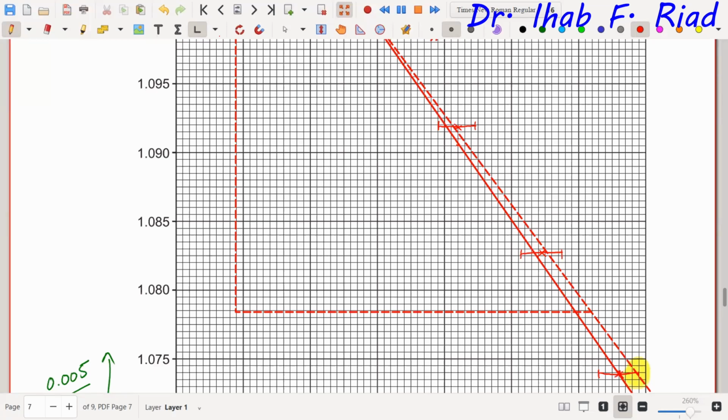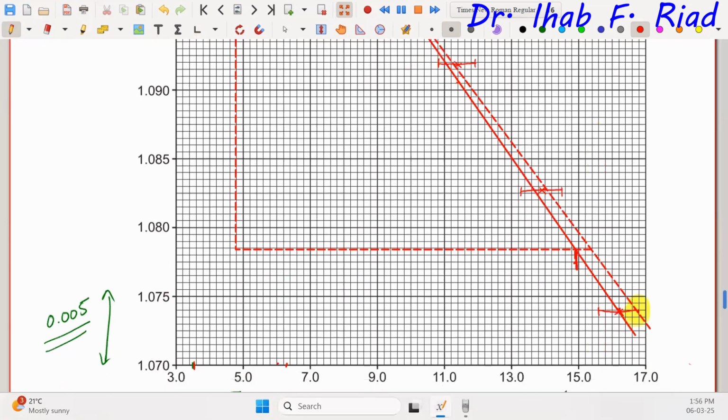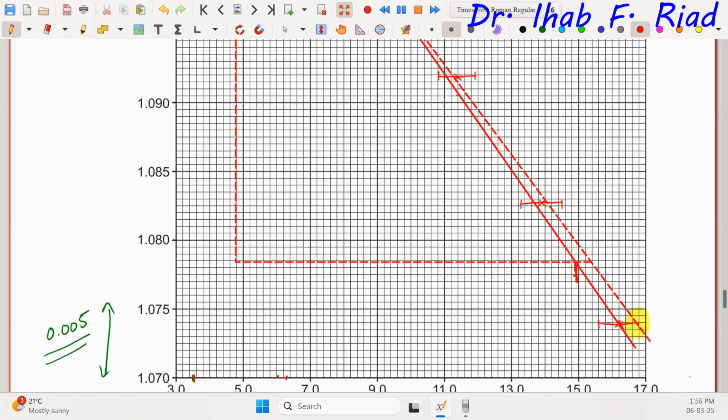So I come here and read this data point where it intercepts with the line of best fit. I take this measurement for this point. It is 14.9, right? Or 15. Let us say it is 15.